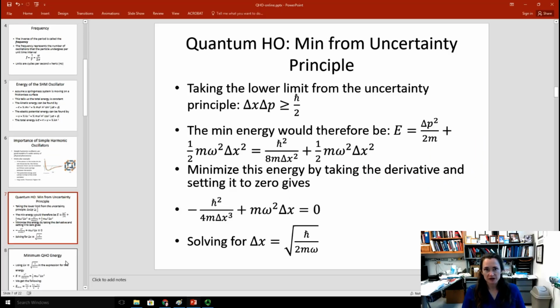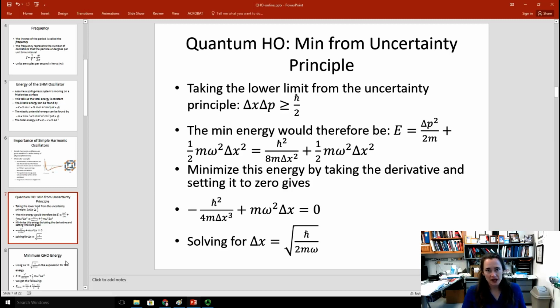Now, we talked about this in a previous lecture when we talked about the uncertainty principle, but it's maybe important for a reminder or a refresher here. If you have a quantum system, you can't ever really say that the velocity or the momentum of that particle is really zero at any time. In other words, for quantum systems, it's really difficult to say that the particle is coming to rest and is absolutely still.